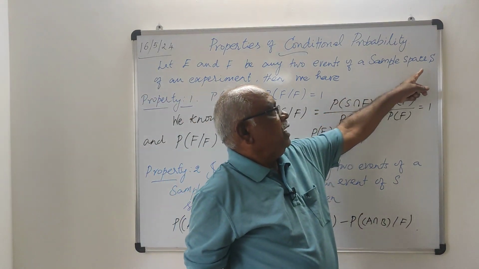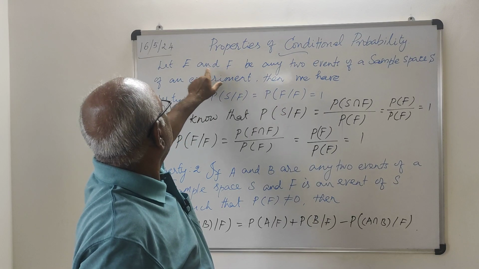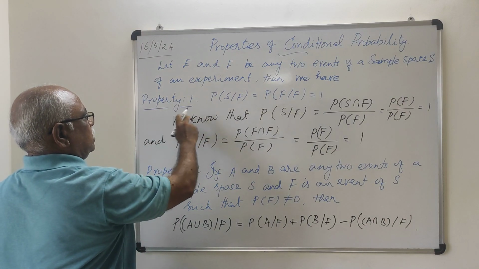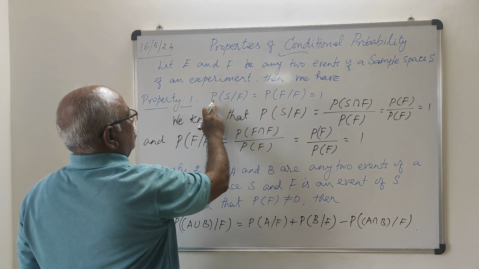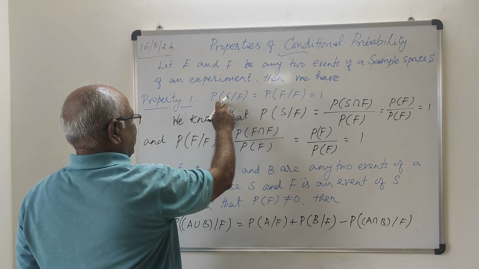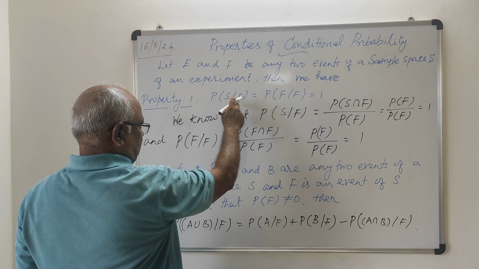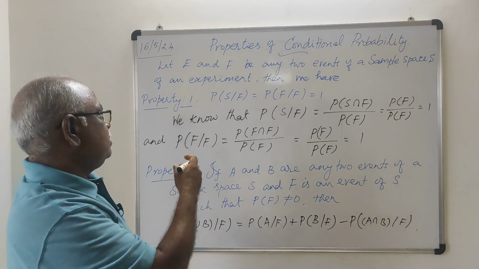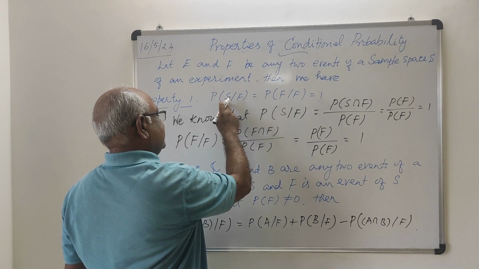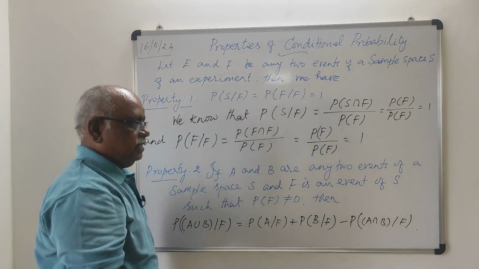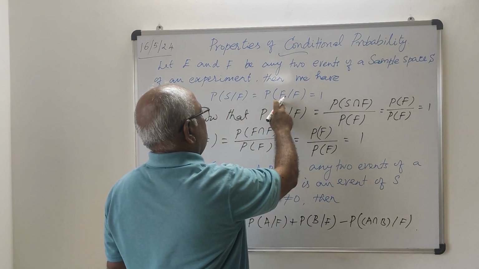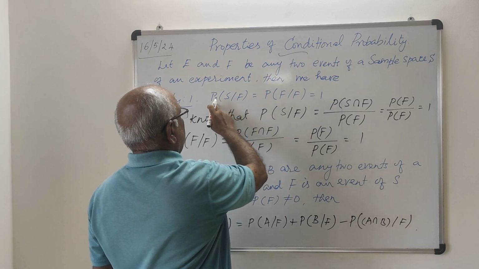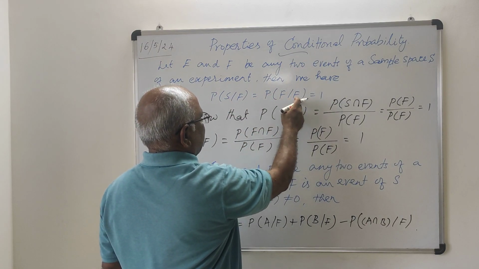Then the first property of conditional probability is: the probability of sample space S given that the event F has already occurred, P of S slash F, and the probability of event F given that the event F has already occurred, P of F slash F, are both 1.